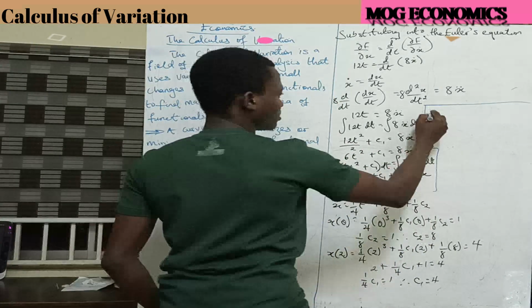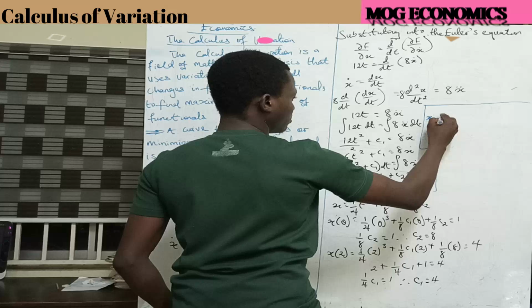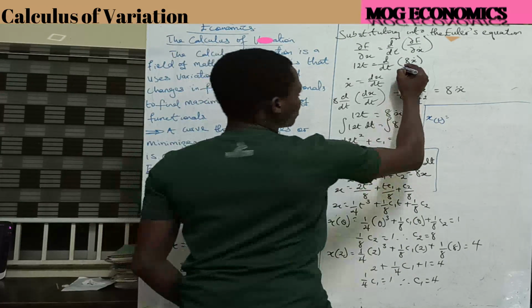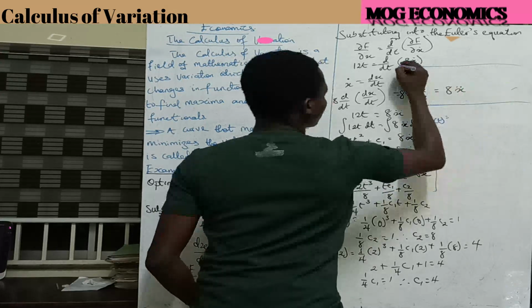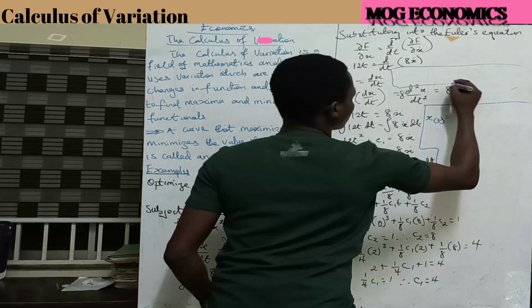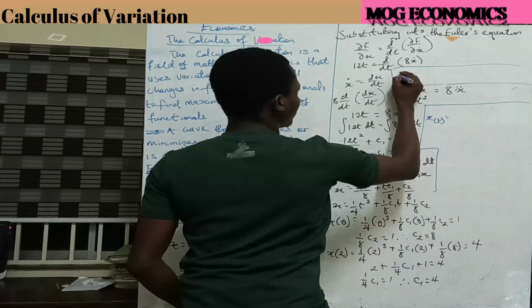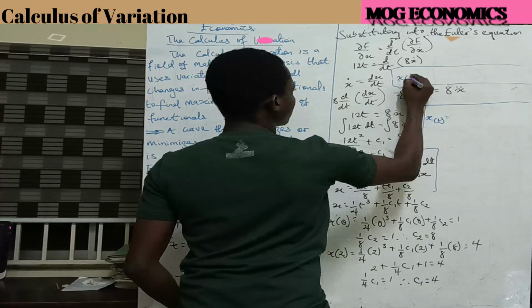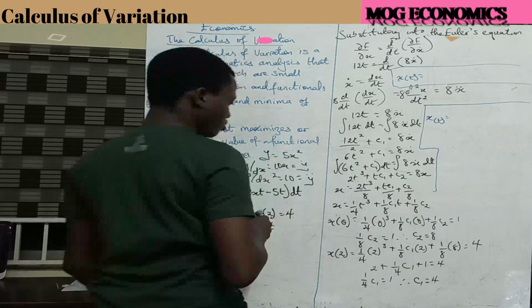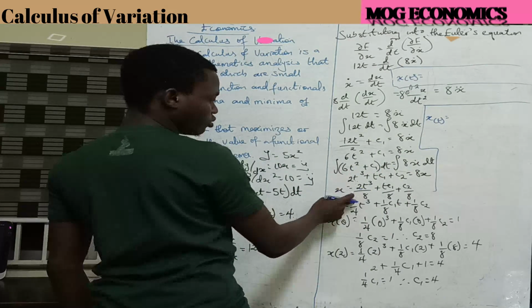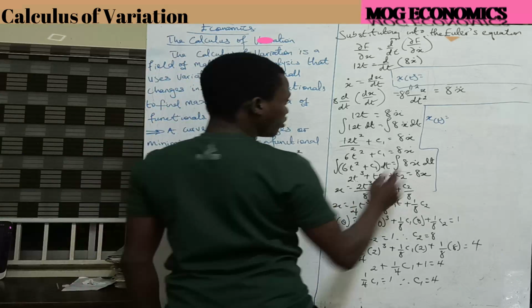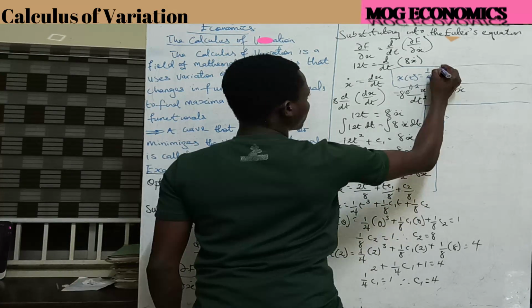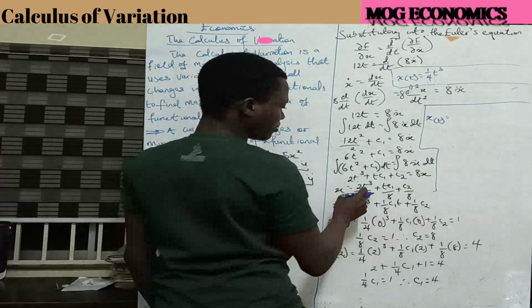So we have x(t) equals 1 over 4 t raised to power 3, right?